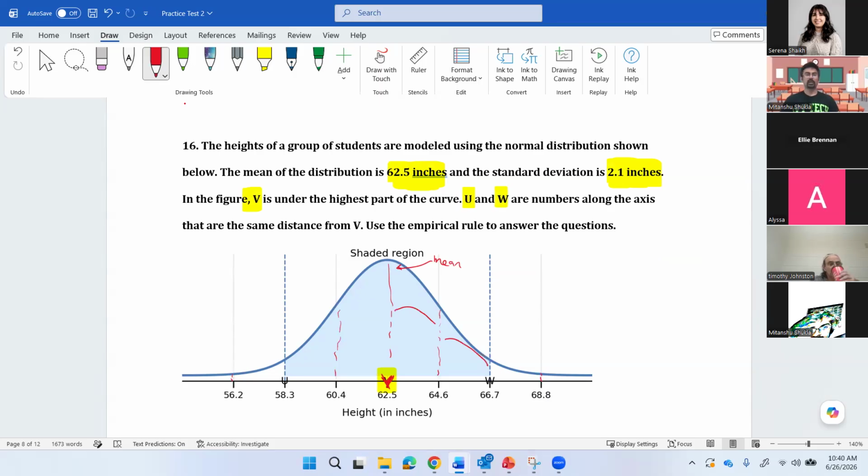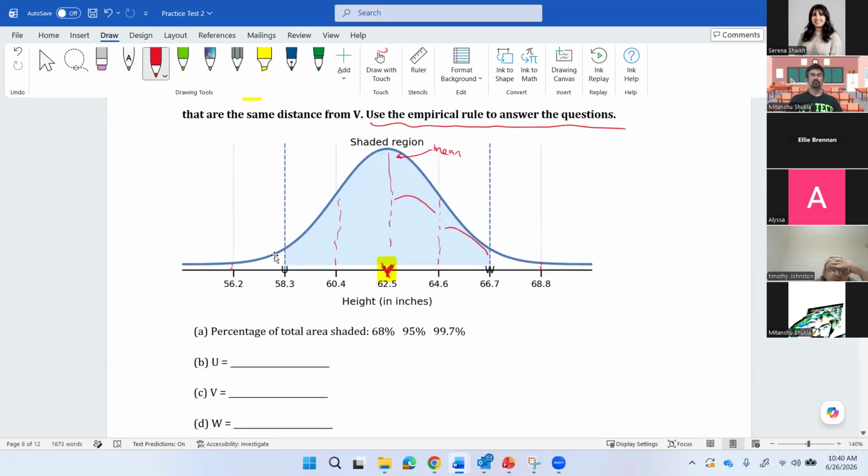So they're saying find, using the empirical rule, where the shaded region is at here. We've got to remember that the empirical rule tells us that, yes, this is my mean. It tells us that the middle 68% is one standard deviation away in either direction from the mean.